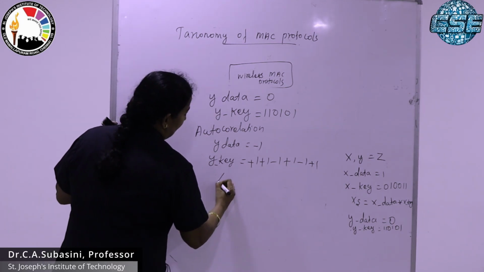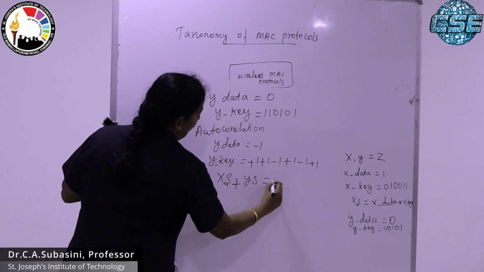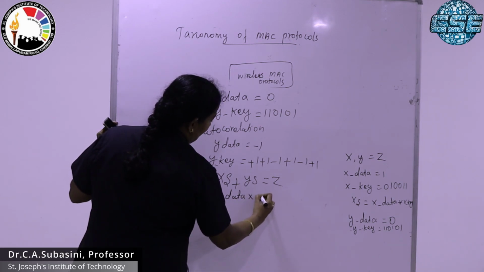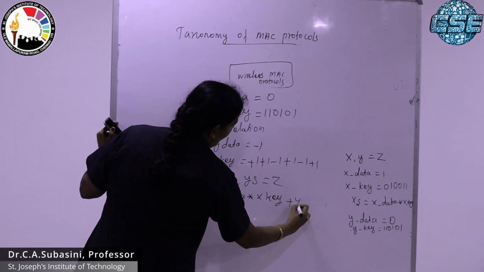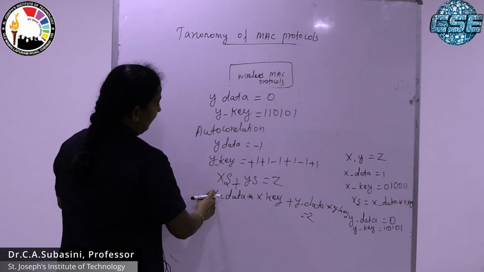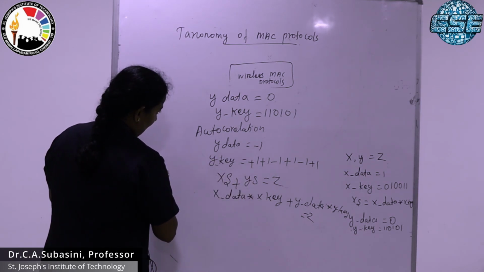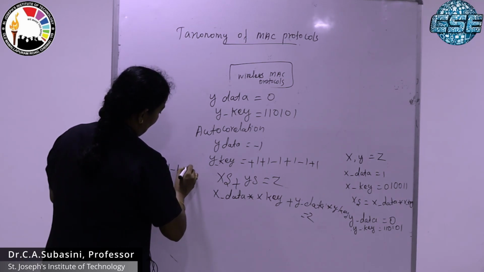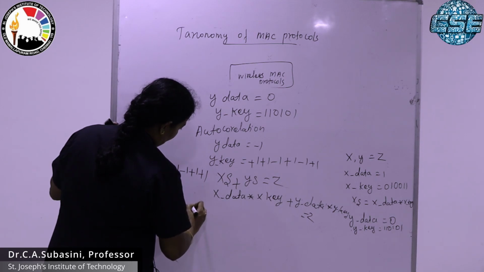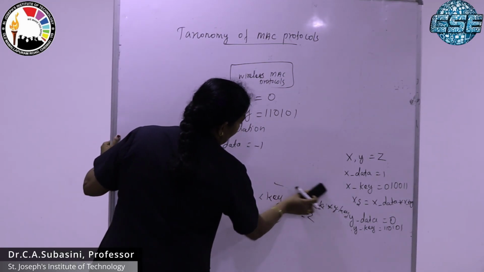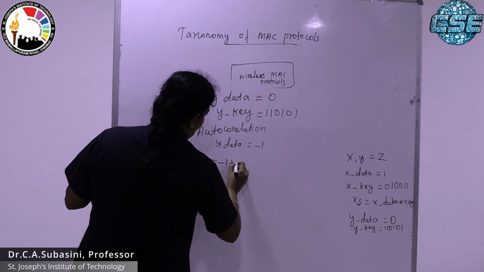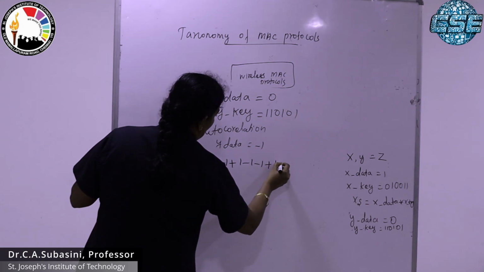Next, for sending the data, Xs plus Ys equals Z. In that situation, Xs equals X data into X key, plus Y data into Y key, equals Z. So X data, after applying the autocorrelation technique, is plus 1, and the X key is minus 1, plus 1, minus 1, minus 1, plus 1, plus 1.